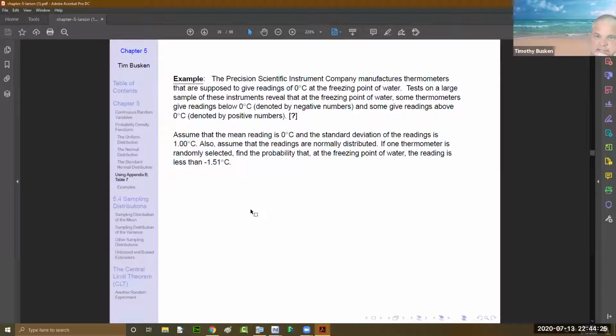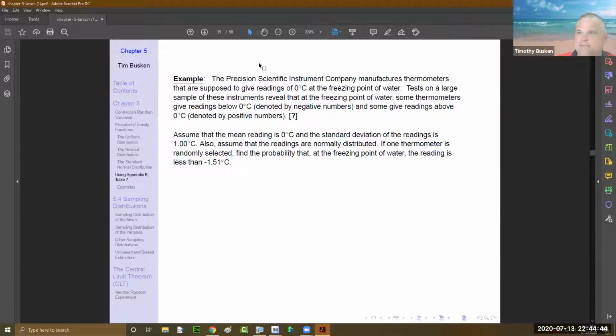Let's take a look at this example to help you understand how it's used and how it's set up. The Precision Scientific Instrument Company manufactures thermometers that are supposed to give readings of 0 degrees Celsius at the freezing point of water.